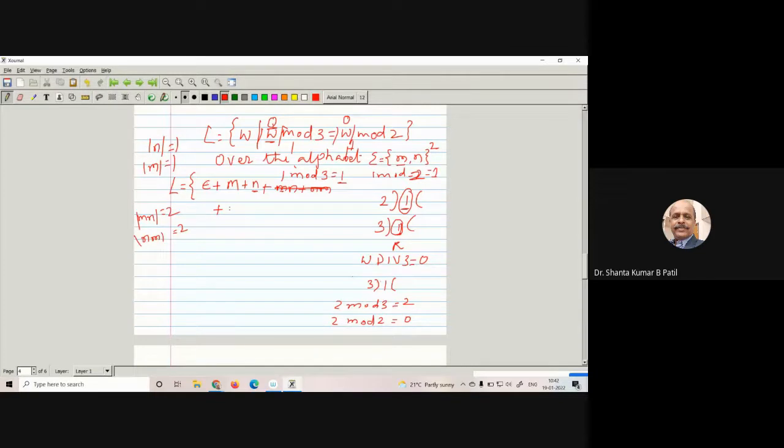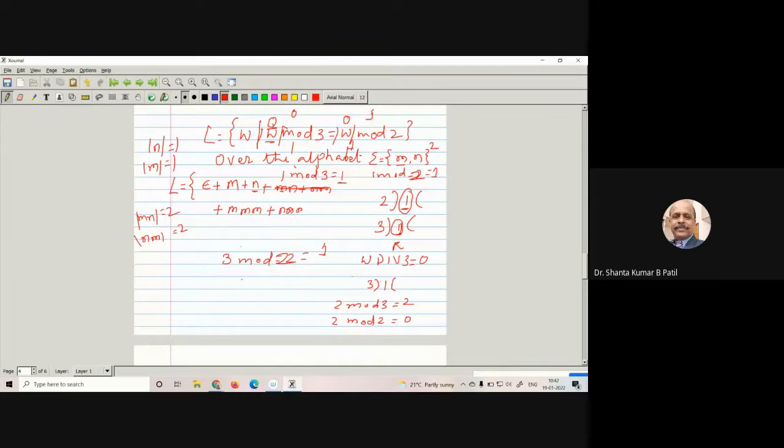Even you cannot take MMM. MMM is 3. You cannot take NNN because 3 mod 3 will be 0, and what is the answer for 3 mod 2? 3 mod 2 is equal to 1.